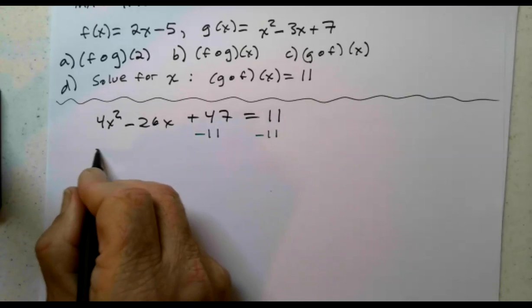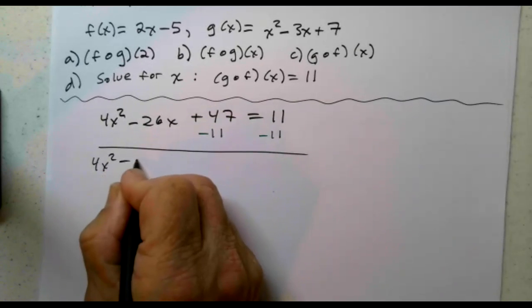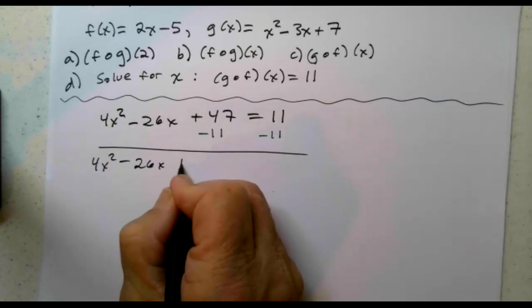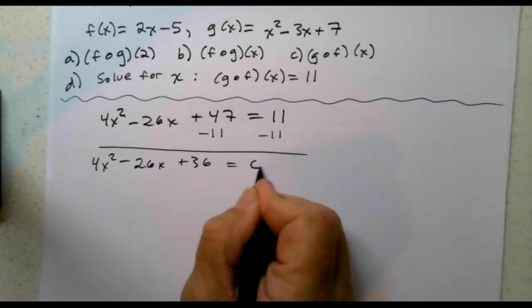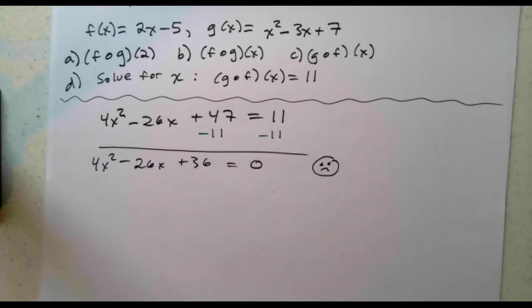Where does that put me? 4x squared minus 26x, 47 minus 11 is what? Plus 36 equals 0. That does not make me very happy. That looks unpleasant. I can make it a little easier if I divide everything by 2.